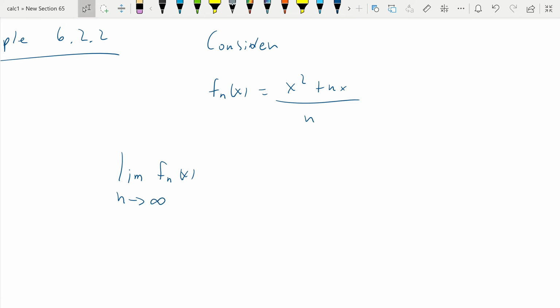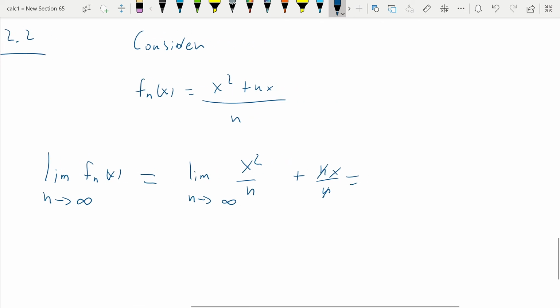and here remember, the important thing is to keep in mind that x is fixed. So you have the limit when n goes to infinity of x squared over n plus nx over n, that gives you this x.